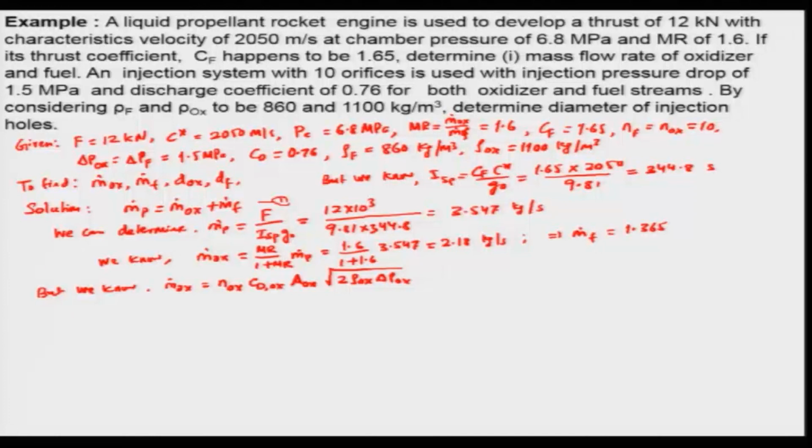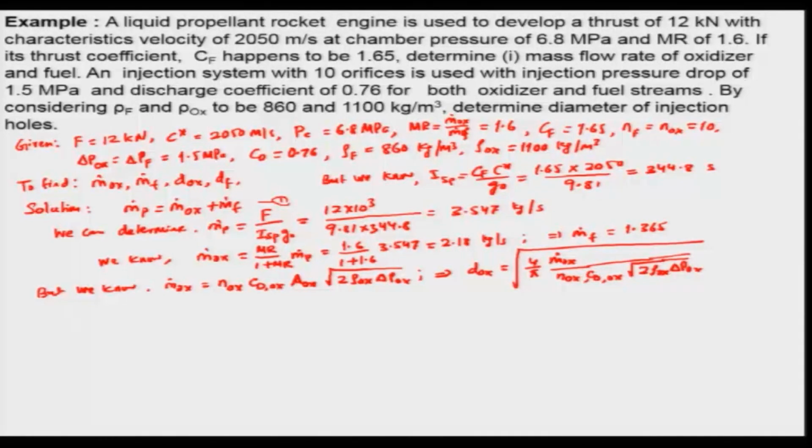If you look at this expression, except A of oxidizer, everything is given. So from this expression I can find d oxidizer is nothing but 4 by pi, m dot oxidizer divided by n of oxidizer, C d of oxidizer, root over 2 rho of oxidizer delta P oxidizer.